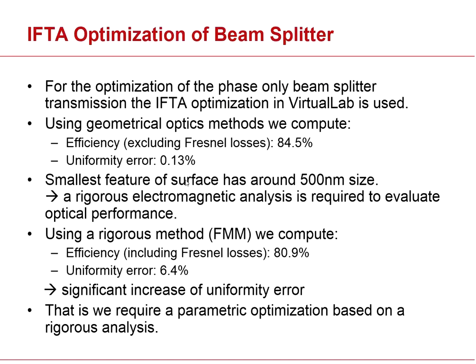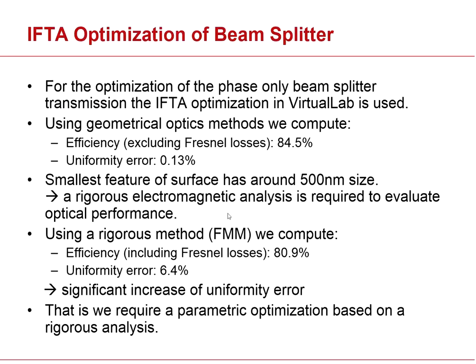However, if we look more closely at the example, we will see that the computed feature size is around 500 nanometers, so it's small compared to the wavelengths, and that's why we are requested to check the results with some rigorous method.